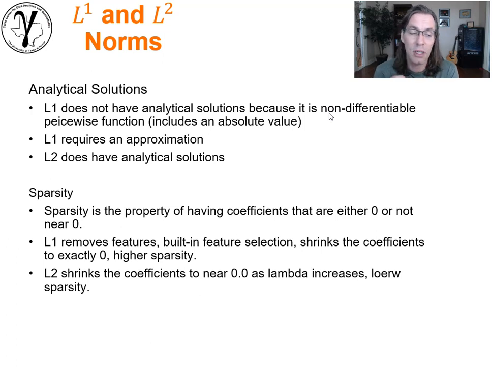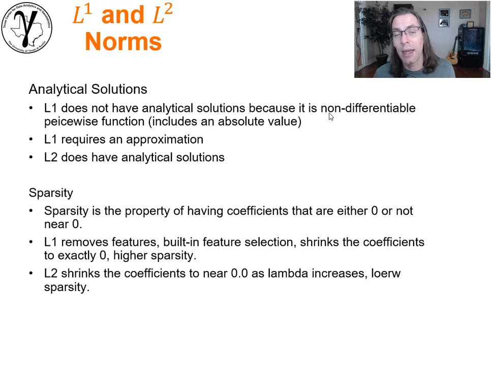Sparsity is also really interesting when we compare the two methodologies, L1 and L2. Sparsity is the property of having coefficients that are either 0 or are not near 0. In other words, if we don't have sparsity, we have a bunch of values that go close to 0 but never really get to 0. And so L1 does remove features.